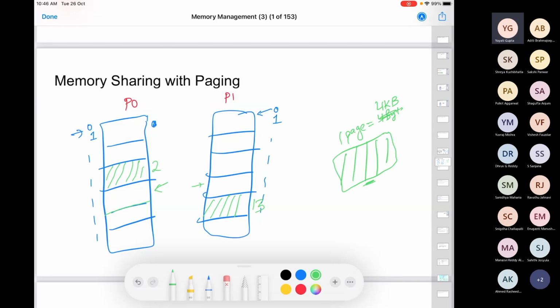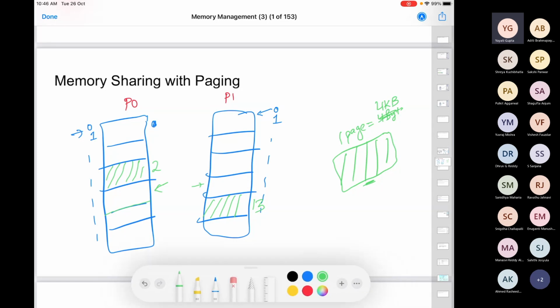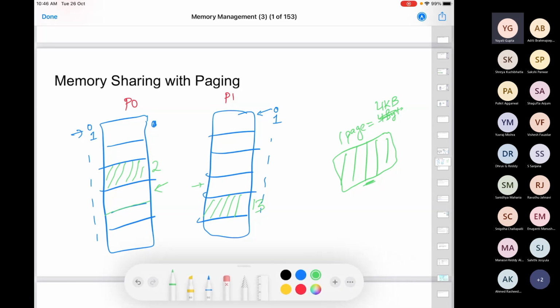All you have to do is, in their respective page tables, in the page table for P0, page number 2 will be mapped to a certain physical memory frame, right? So let's say 2 is mapped to physical memory frame 101. Same thing we can do for this other process.